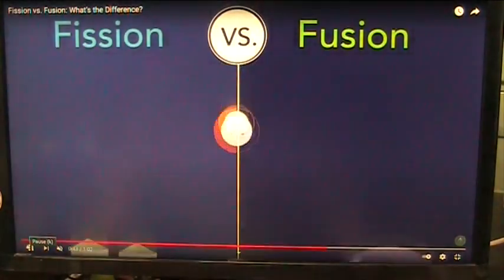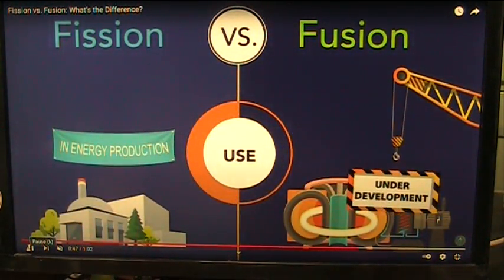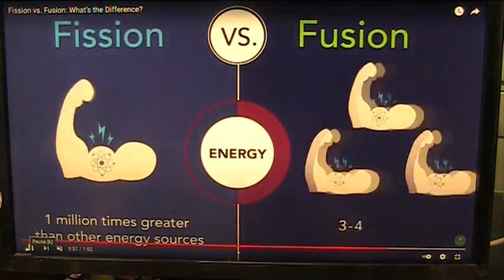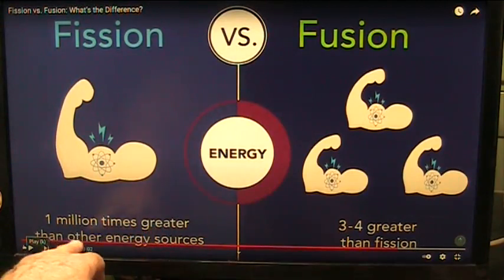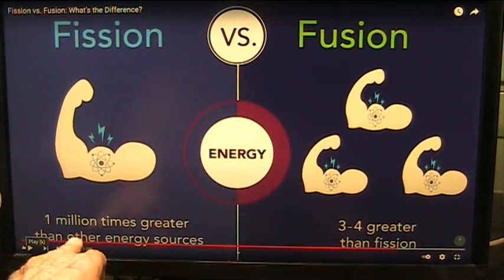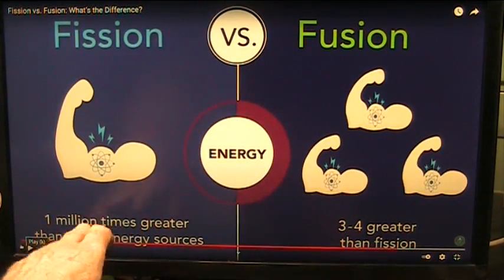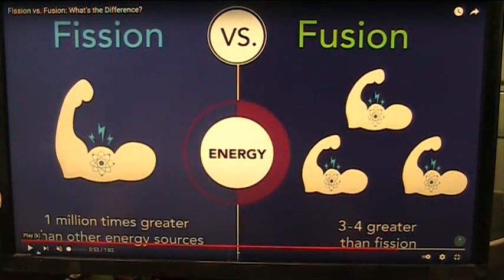All we're going to do is take light apart and put it back together. And when we took it apart, we didn't have to do anything whatsoever, and it came back together all by itself. Look at 1 million times greater than other energy sources. 3 to 4 times greater than fission. So not only are we doing fission on the left side, we're doing fusion on the right side.